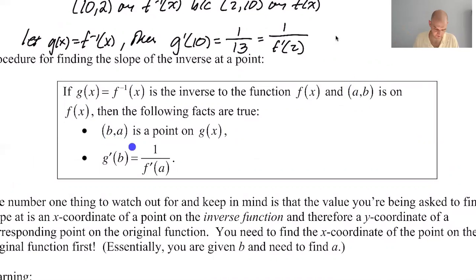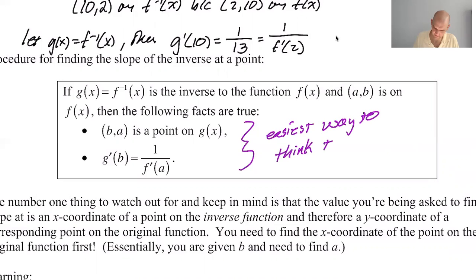And g prime of b, because you always plug this into the derivative, is 1 over f prime of a. This is the easiest way to think your way through it. This is all my opinion, but I think that's the easiest way.